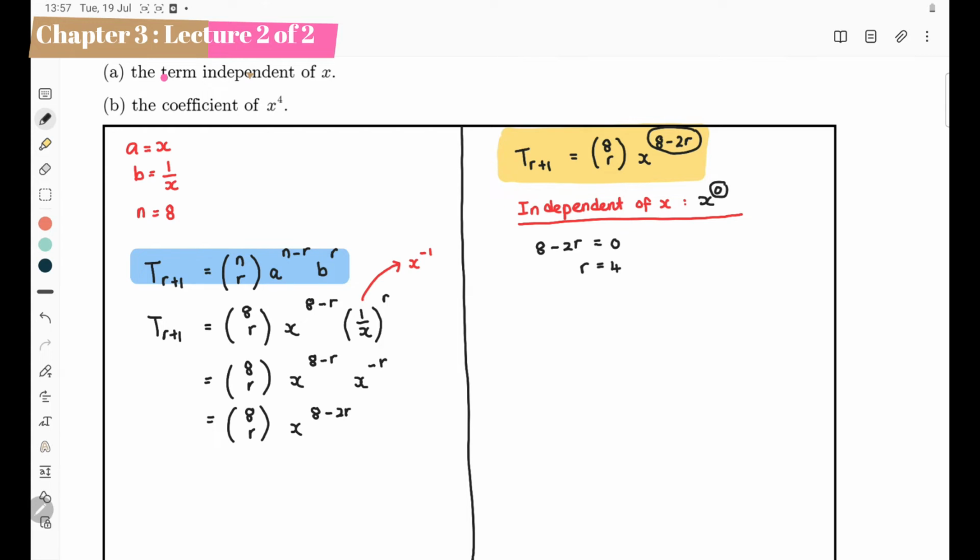Next, by substituting r equals 4 into the T_(r+1) formula, we get T_(4+1), that is T5, equals 8C4 x to the power of 0. Simplifying it, we get T5 equals 70, which means the term independent of x is 70.